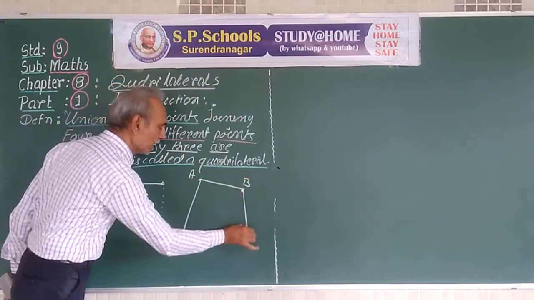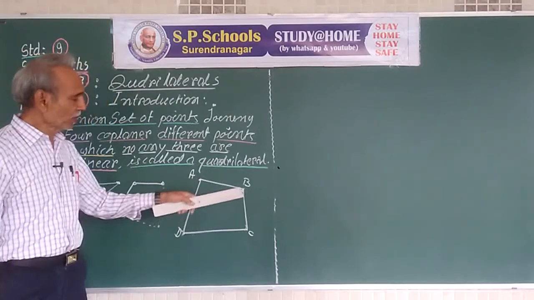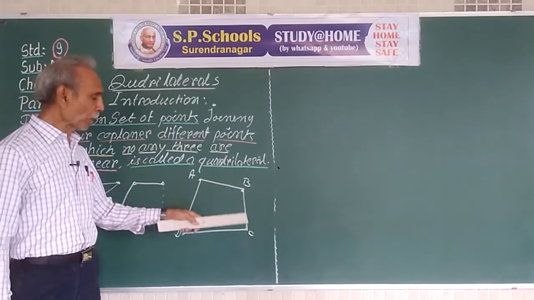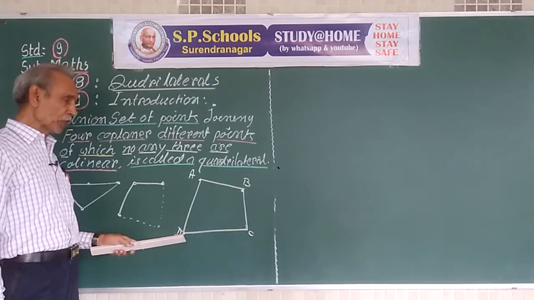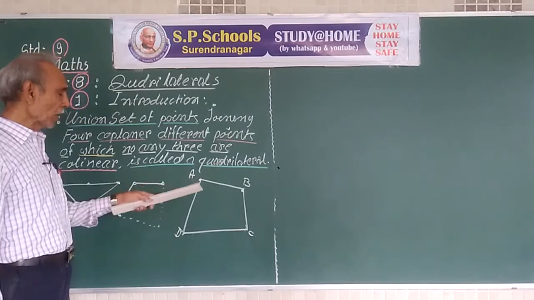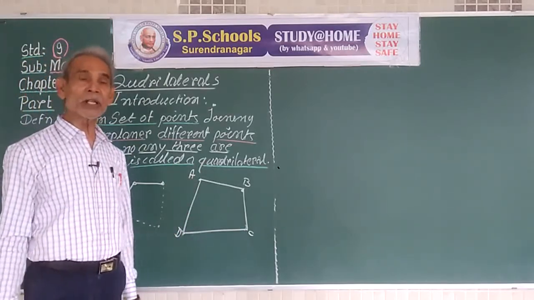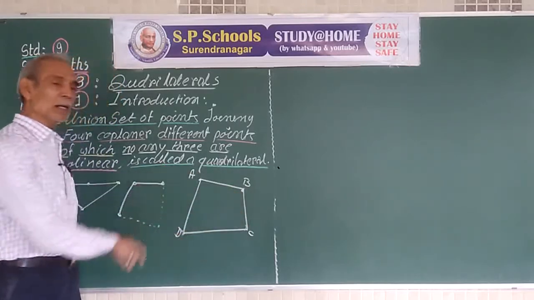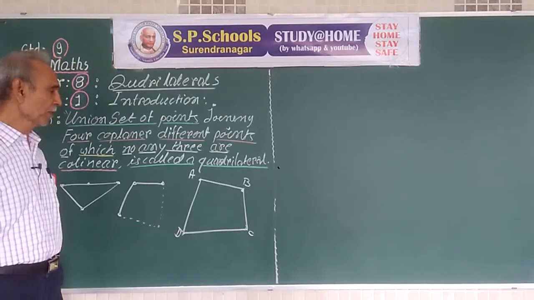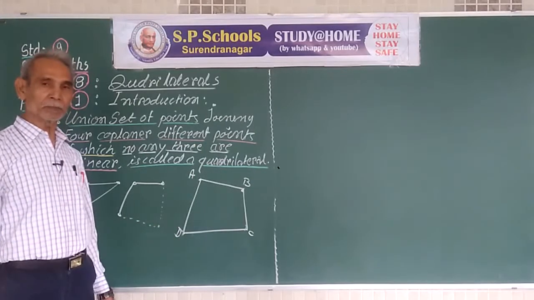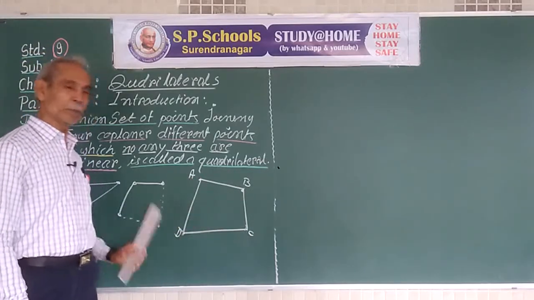A, B, C and D, and all the points of line segment AB, point B, point C, and all the points of line segment BC, point C, point D, and all the points of line segment CD, point A, point D, and all the points of line segment AD are united together; the union set makes quadrilateral ABCD. Thus, a quadrilateral is a four-sided, coplanar figure. It has four vertices and four sides.